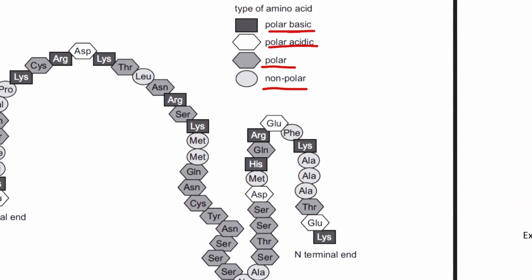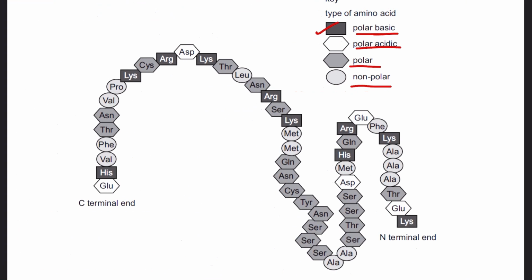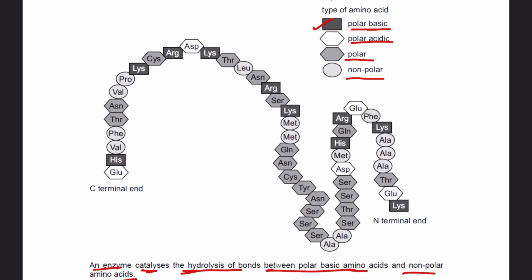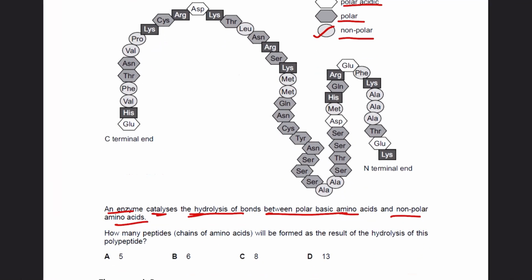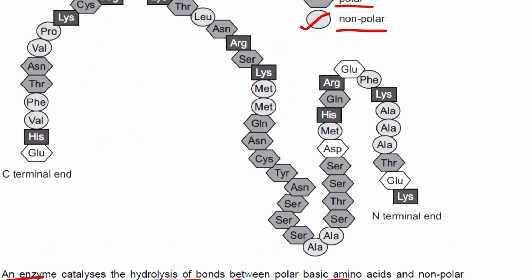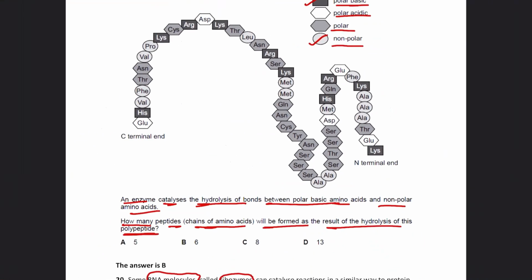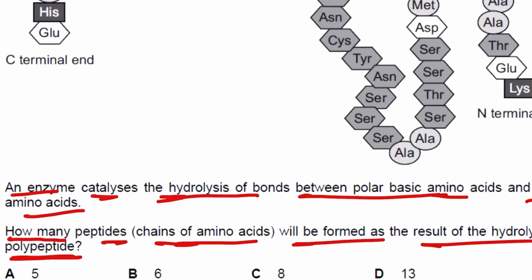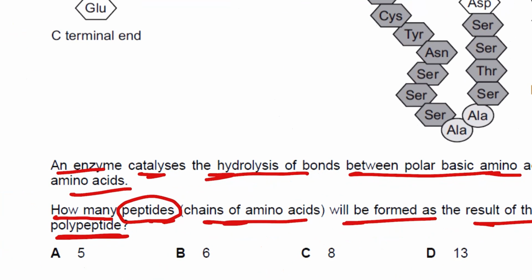The polar basic amino acid, which is the box, and the non-polar amino acid, which is the circle. How many peptides, chains of amino acids, will be formed as the result of hydrolysis of this polypeptide? So they are asking, if this polypeptide is hydrolyzed by this enzyme, how many chains of amino acids or peptides will be formed? So guys, let's figure it out.